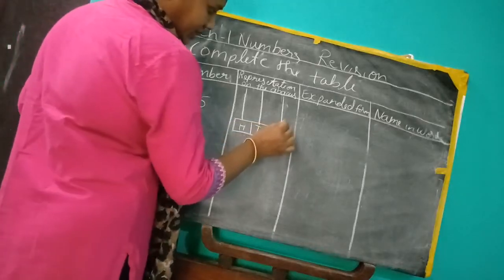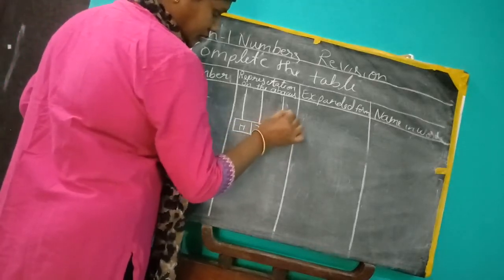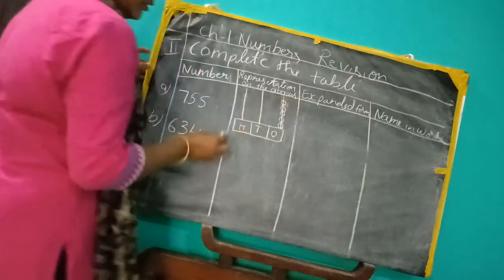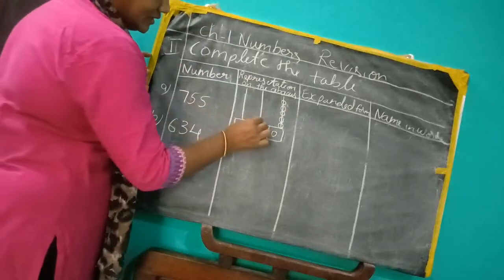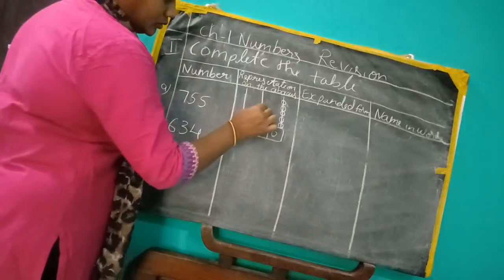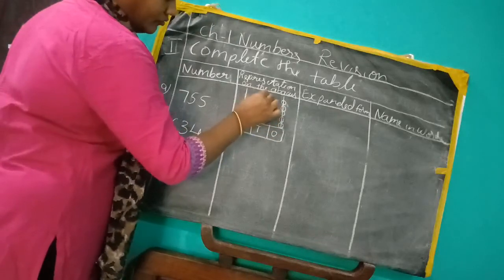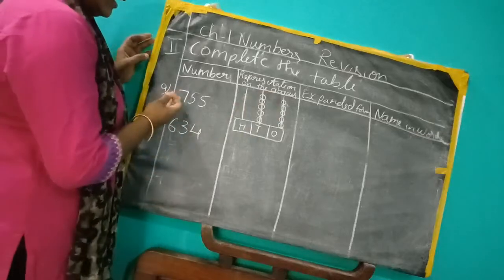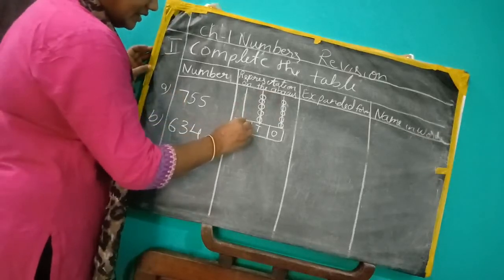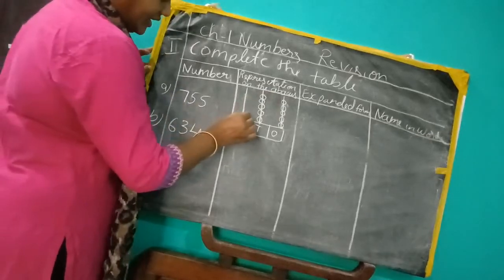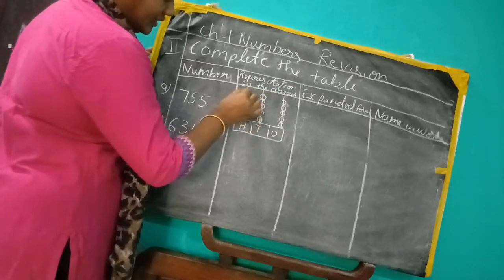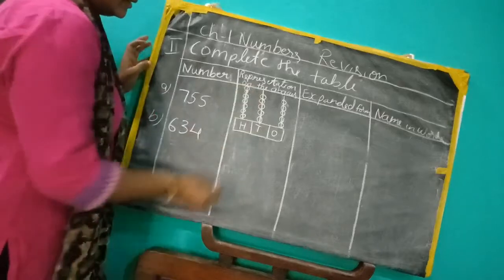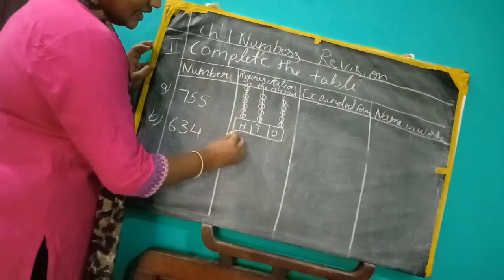Draw 1, 2, 3, 4, 5. 5 beads. In the tens place, how many beads? 5 beads. 1, 2, 3, 4, 5. Yes. In the hundreds place, how many beads? 7 beads. 1, 2, 3, 4, 5, 6, 7.